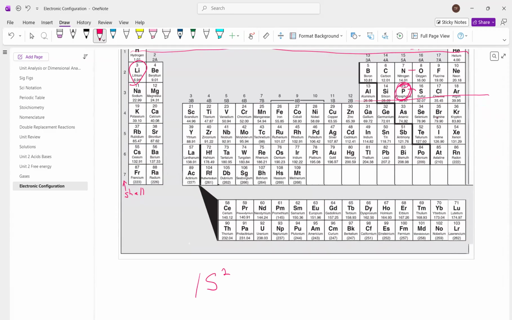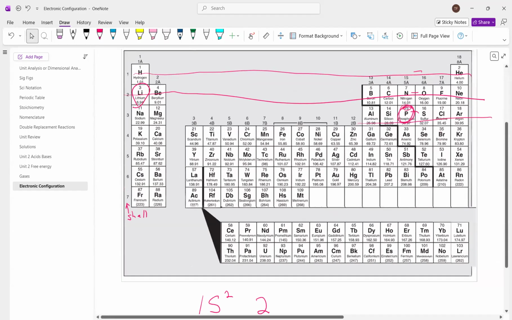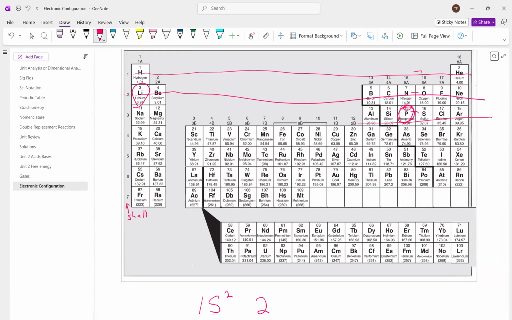Now we're on shell number 2. Okay, we went through. Now let me add a quick deal on this. These are P's.